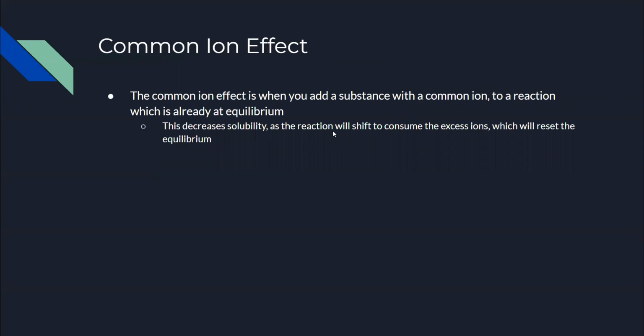Common ion effect. I won't be going too in-depth into this as I already made a video of it, but basically the common ion effect is when you add a substance with a common ion to a reaction which is already at equilibrium. So let's try this for, I don't know, PbCl2.